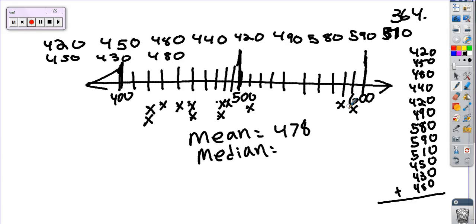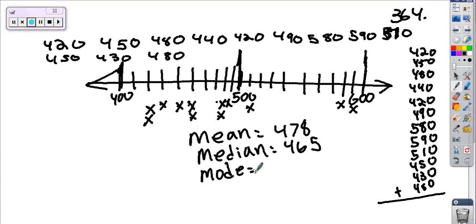If it doesn't come out to be something even, what's halfway between 450 and 480? 450 and 480, that's 30 apart, right? Half of 30 is 15, right? So what is 450 plus 15? 465. Okay, so the median is 465. There's another way you could do the median as well, and that's to average the two: 450 and 480, add them up, divided by 2, would also get you the median.